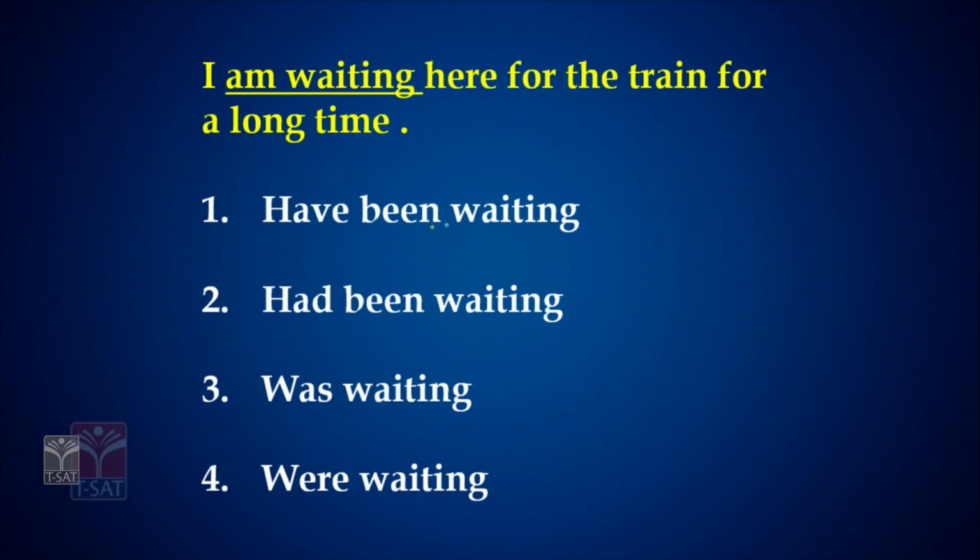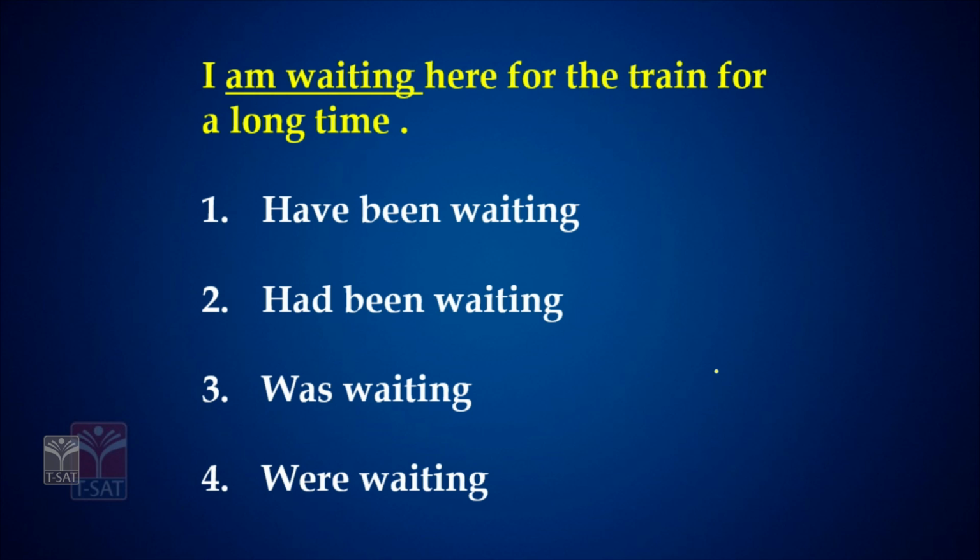Let us see them. I am waiting here for the train for a long time. So, the underlined part is am waiting. You know, it is marked for the present tense, and no past or future time reference is given to us. In that case, you can eliminate had been waiting, was waiting, were waiting.